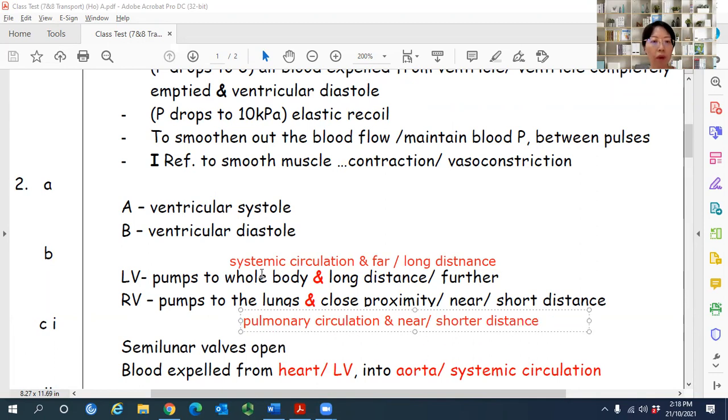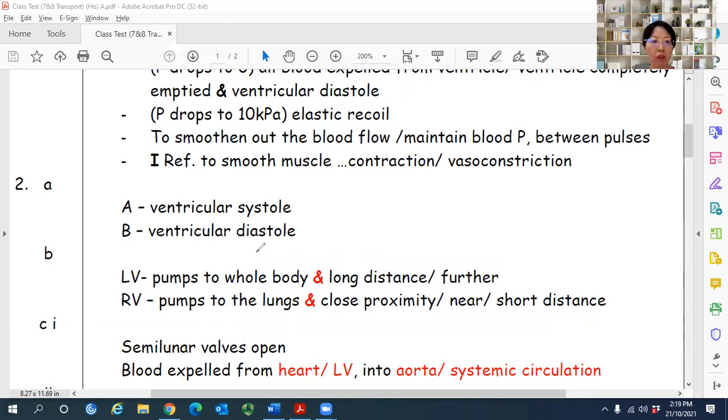Both location and distance must be mentioned to qualify for 1 mark for each of the ventricles. Anything missing, no mark. If the students talk about going to the whole body, going to the lung, but did not talk about distance at all, so overall 0 mark, because it doesn't qualify for why the pressure is higher. It must be the longer distance that makes the pressure higher.